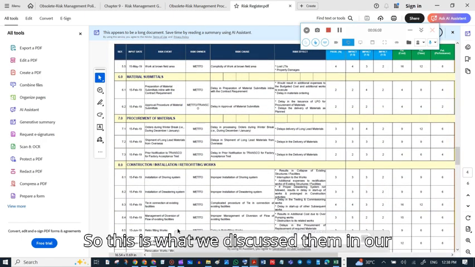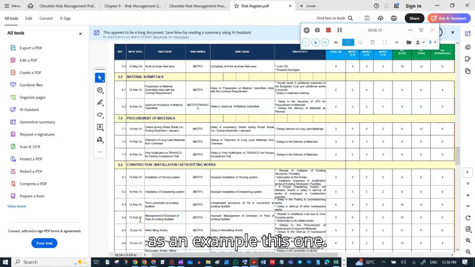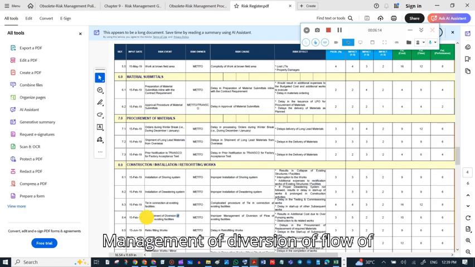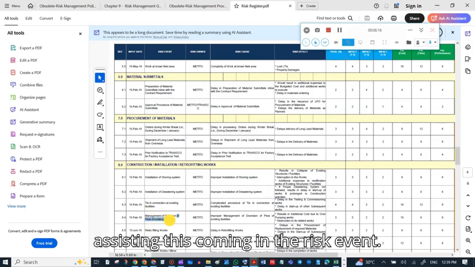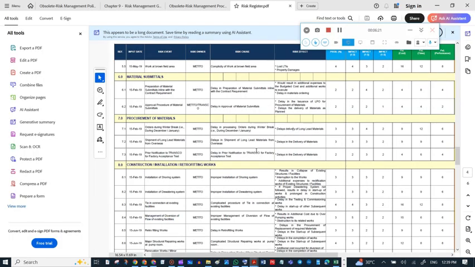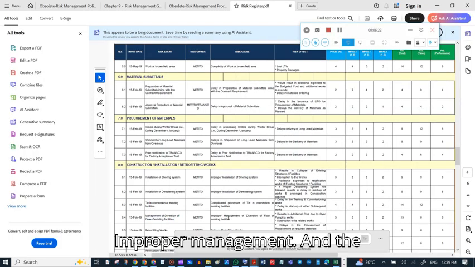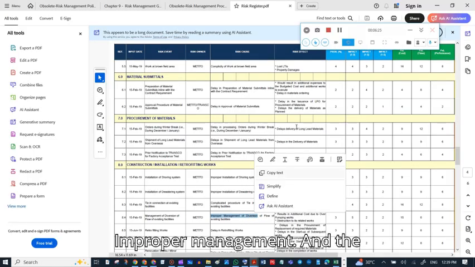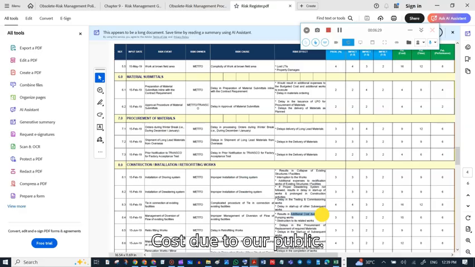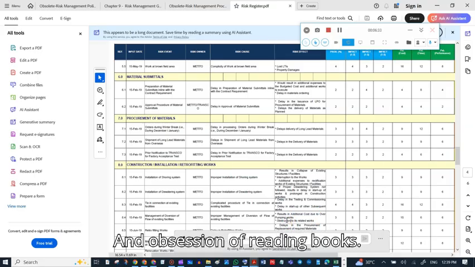So this is what we discussed as an example. Management of diversion of flow of existing facilities is the risk event. The cause was improper management, and the effect was additional cost due to overpumping and obstruction-related works.